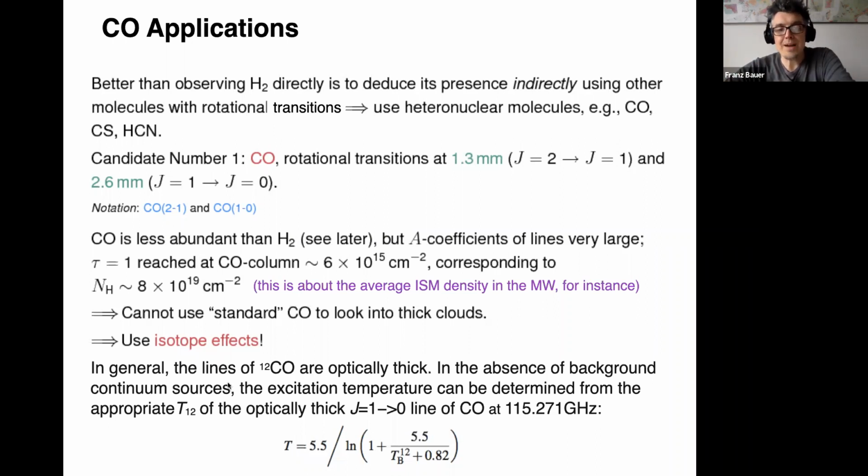If you don't have any background continuum sources, the excitation temperature is just determined by the line. In the optically thick regime, this brightness temperature generally converts to an actual excitation temperature, which you can measure. And as long as there's not a huge variance over the cloud, which there might be, you can use that to infer what the 13CO temperature might be.